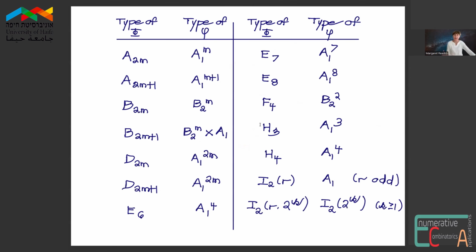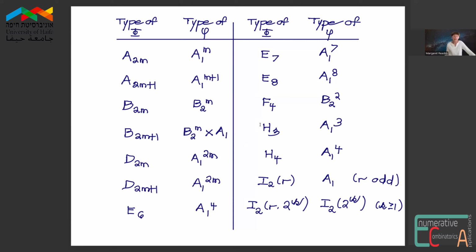So let's record the root systems, look at their type, and also the type of the 2-structures. Here we have this big table. If you look closely at the rank of a root system versus the 2-structure, some of these are the same.